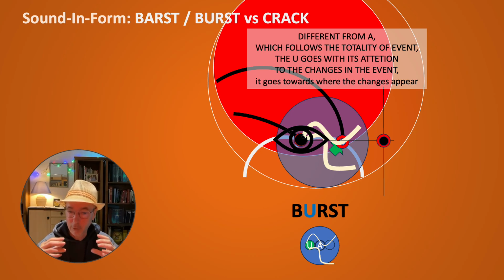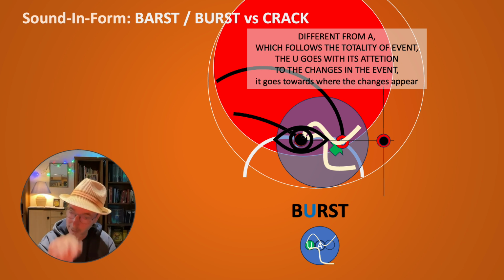Burst focuses with U not on all the things that are happening, but on what is lying underneath. If you look into my system, you will notice that the U is a shifting of attention to what is changing, what is different, and what are the differences. So it will focus on the first point of its original, where the things are changing.